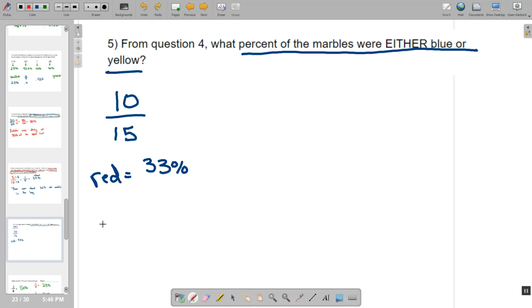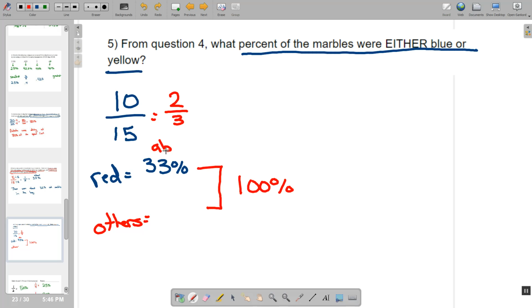So the others in the bag, because there's only 2 options, these together have to add to 100%. Well, 10/15 is 2/3, which is about 67%. And these two together do add to 100%.